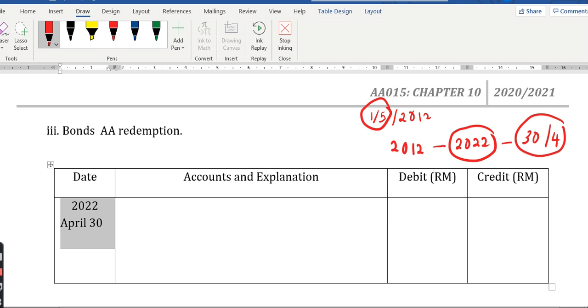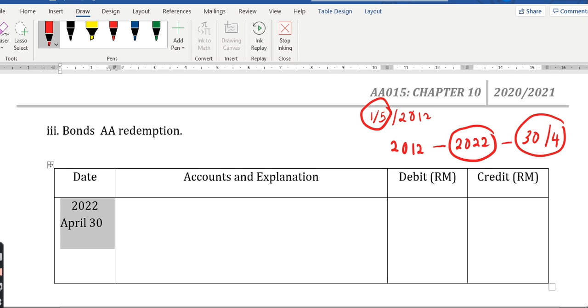Okay, it's actually very easy. All right, so your redemption date is on the 30th of April 2022. Okay, so how do we record the redemption journal on the redemption date?